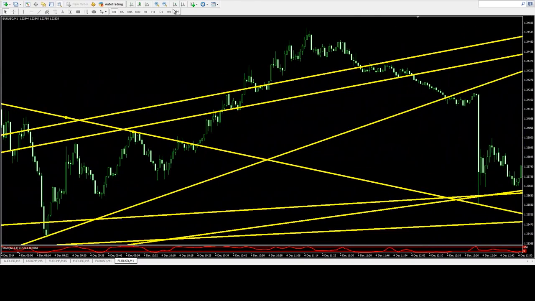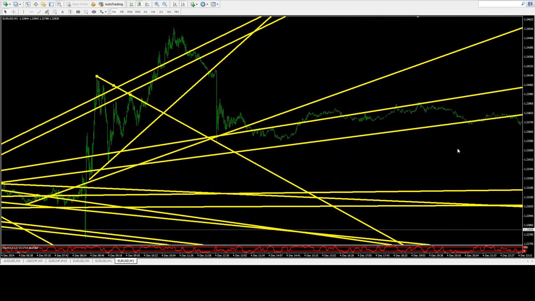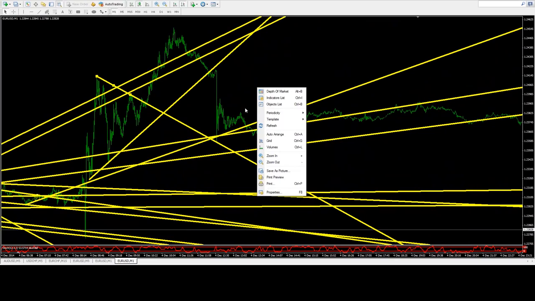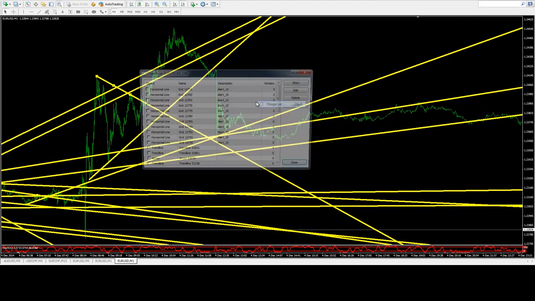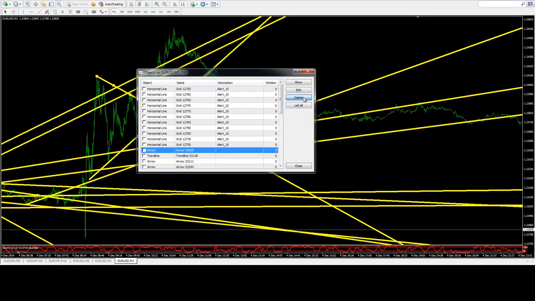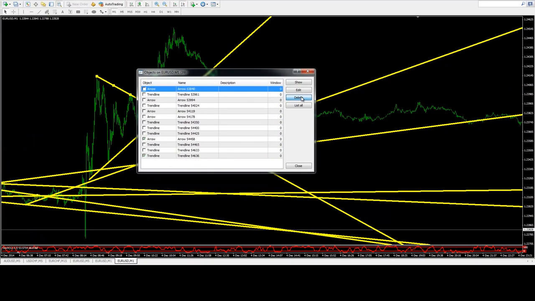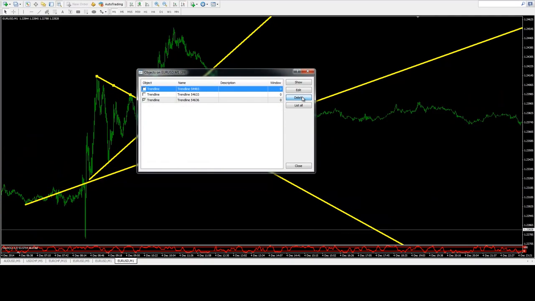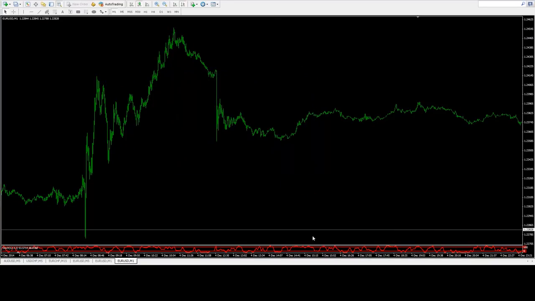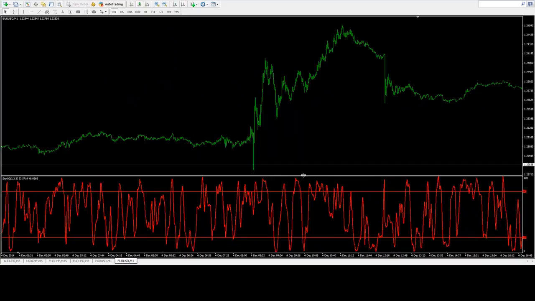Now there's a lot of freedom in drawing these trend lines, and I just want to show you, if you are on the end of the chart, I just want to delete all these objects. Of course, all these trend lines can be also combined with stochastic or Bollinger Bands.